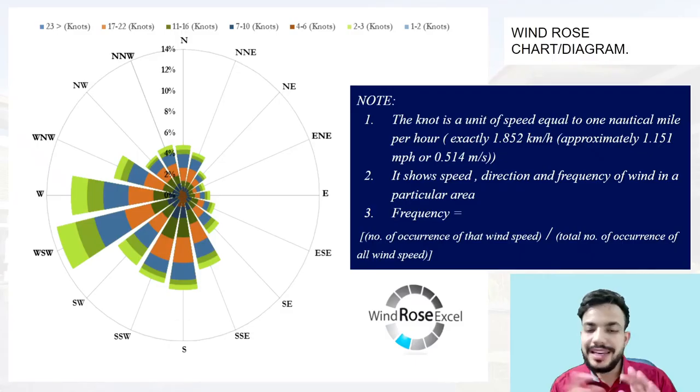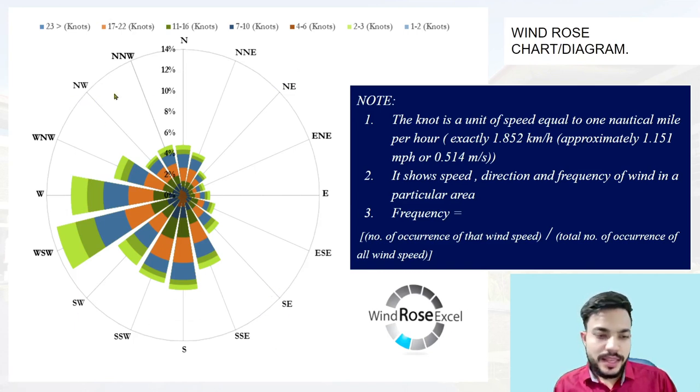Now on the left side of the screen you can see a windrose diagram. This windrose diagram consists of three basic components. The first one is the directions. There are 16 directions in total, consisting of the standard directions of north, east, south and west, along with northeast, southeast, southwest and northwest.